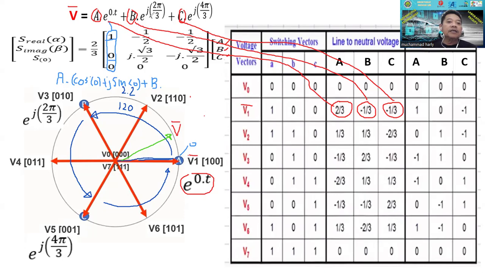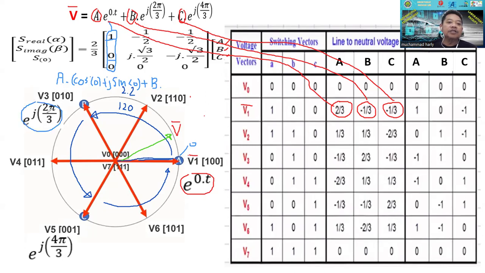What is P? P here, if we find it, it's minus one-third. And then P times e power j to the power 3, that means this one.